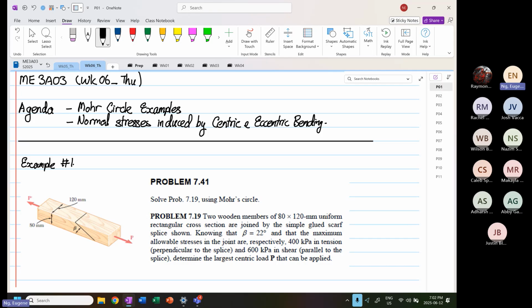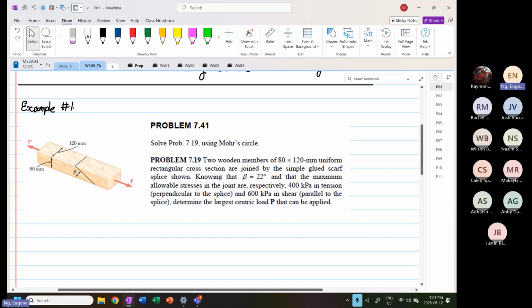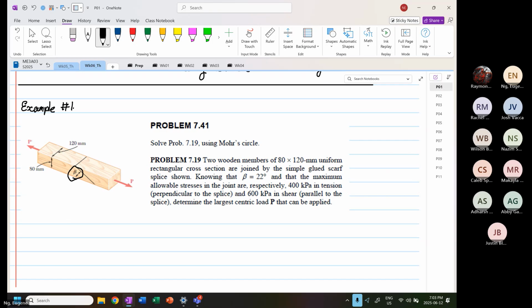Okay, so you have a structure like this. Whatever they measured is at the angle beta over here, which can withstand a tension of 400 kilopascal and 600 kilopascal in shear.